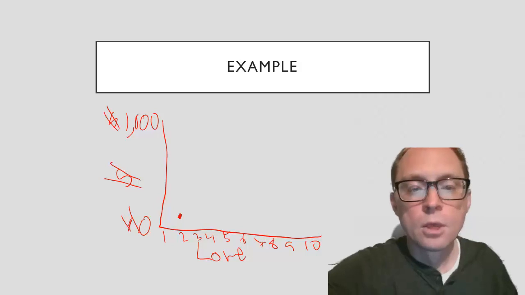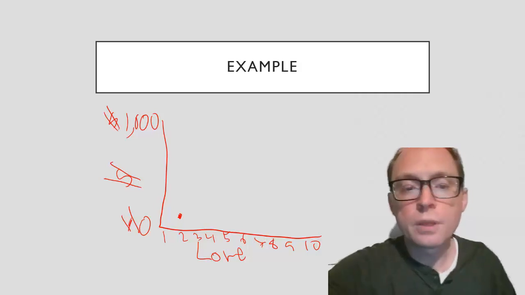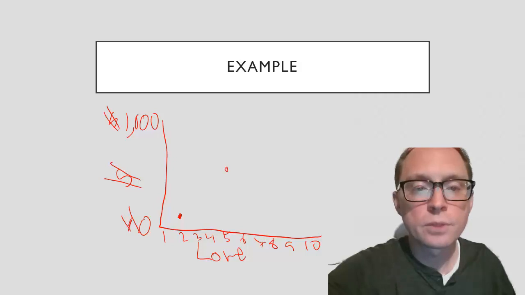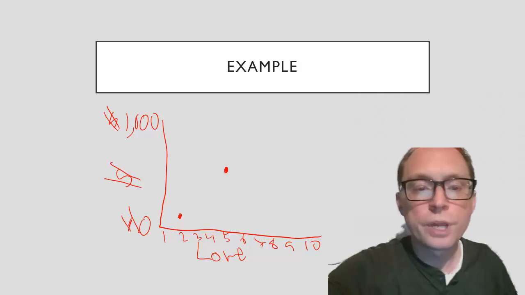there. The second participant here has a love about a 5 and spent about $500 on their relationship partner, so they'd be about right. So this dot represents a love amount of 5 and spending at about $500. Person 3 loves their relationship partner at about a 4 and spent $800 over here.